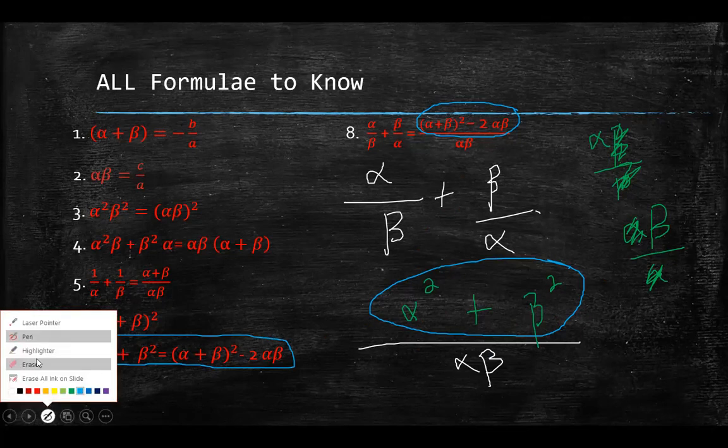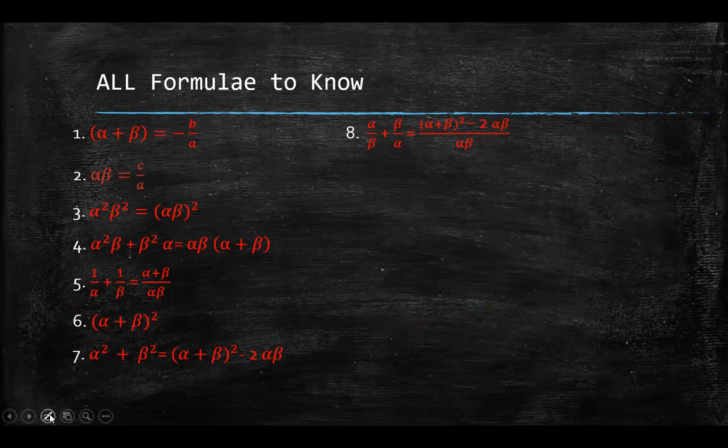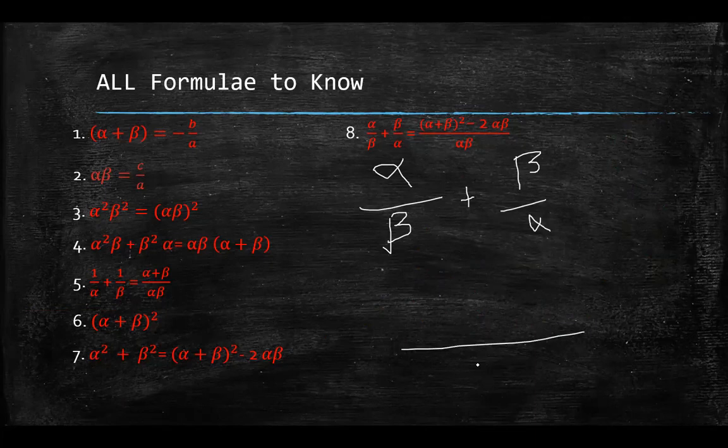All right, well, let's do that again. It's okay if you don't understand, I will explain it, right? So they want me to do alpha over beta and beta over alpha. We said that the LCM is alpha beta. This would be alpha squared, and this would be beta squared. Now, I want you to look at this rule. You see alpha squared plus beta squared?